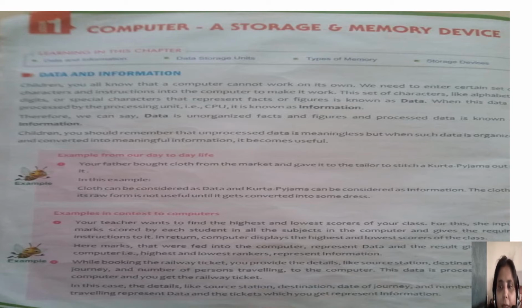This set of characters like alphabets, digits or special characters that represent facts or figures is known as data. When this data is processed by the processing unit, that is CPU, it is known as information. Therefore, we can say that data is unorganized fact and figure and processed data is known as information.